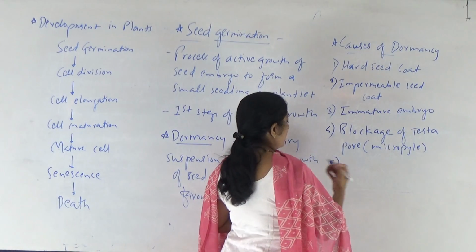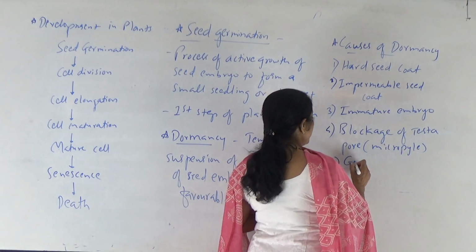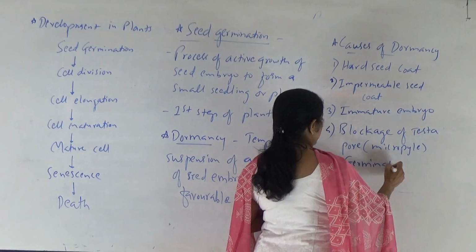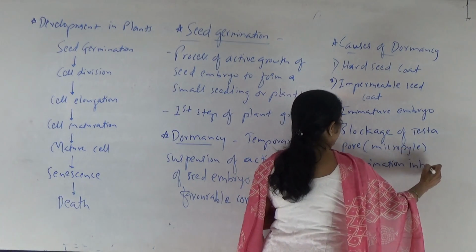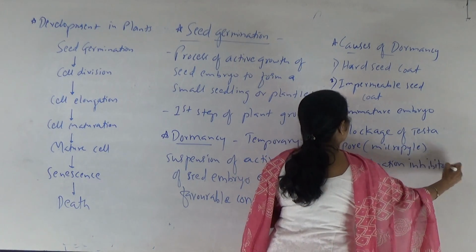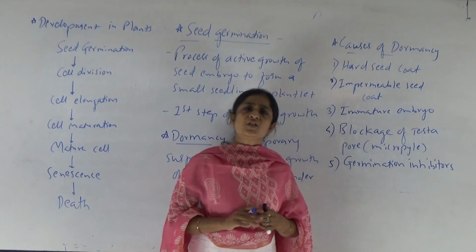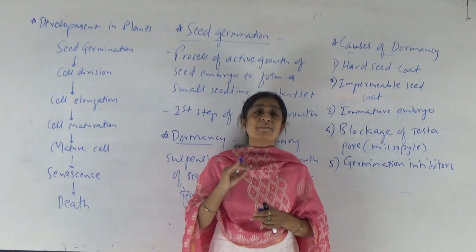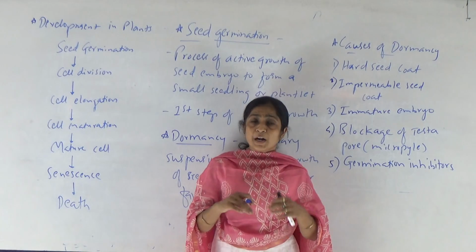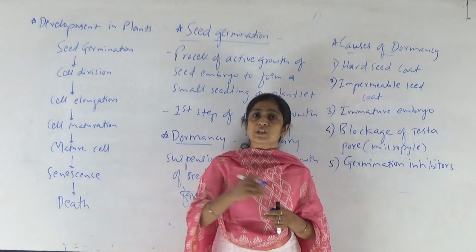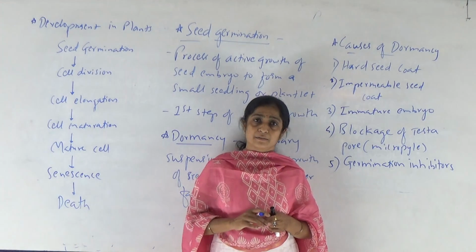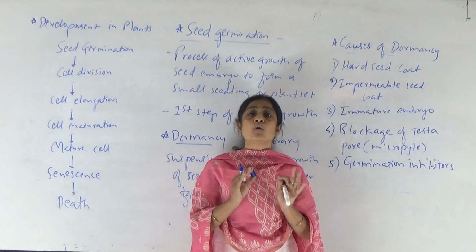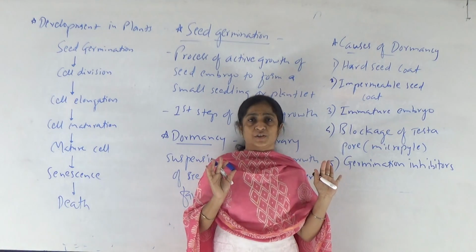And then another cause is germination inhibitors. What are germination inhibitors? These are specific chemicals produced by embryo and endosperm cells inside the seed, which may inhibit the growth of the embryo during germination, right?